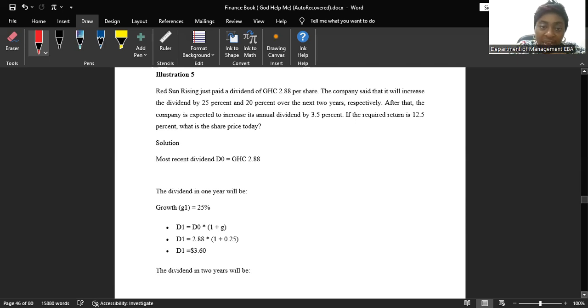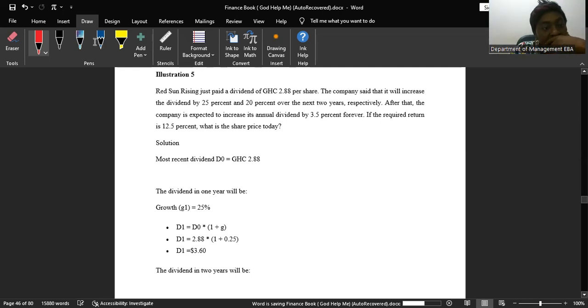After that, the company is expected to increase the annual dividend by 3.5% forever. If the required rate of return is 12%, what is the share price today? Determine the present value today.